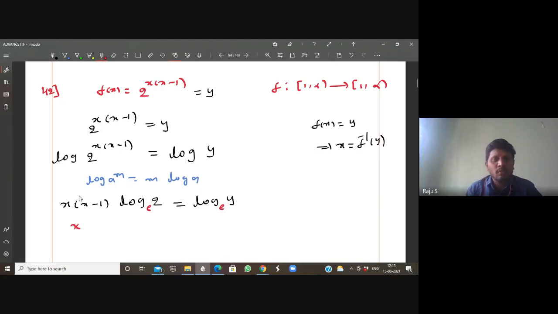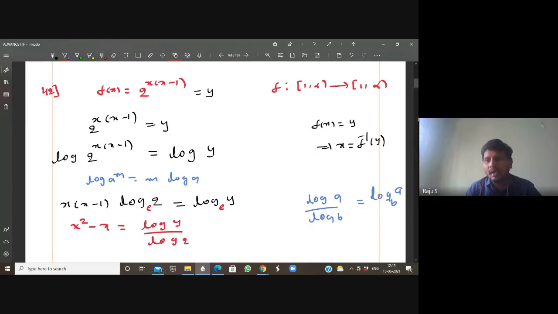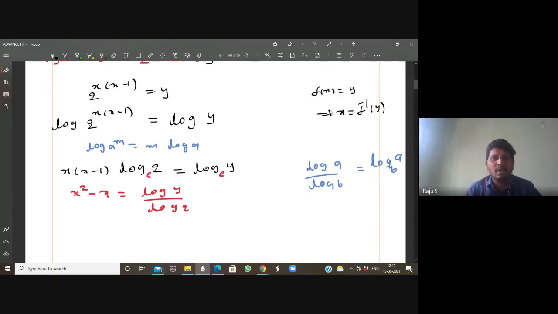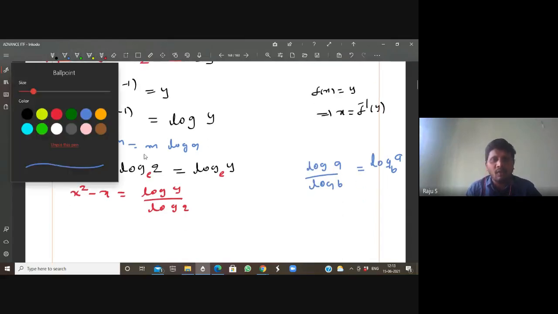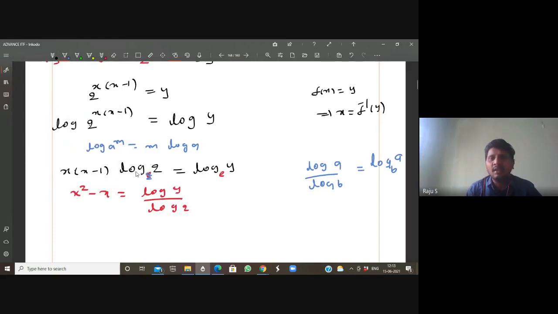Okay. So then multiply these two, x square minus x. This log 2 you can cross multiply. Then log y by log 2 will give, since we know that log a by log b can be written as log a base b. When you take base 2, log 2 base 2 is directly 1, or directly we get log y base 2.